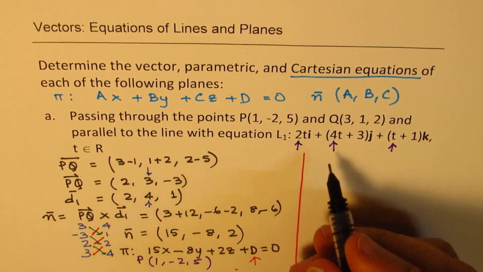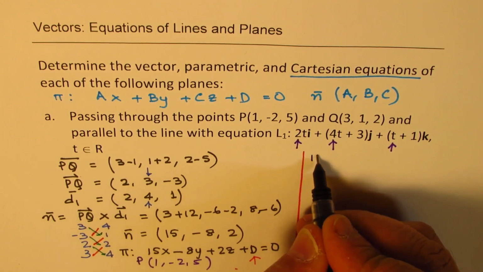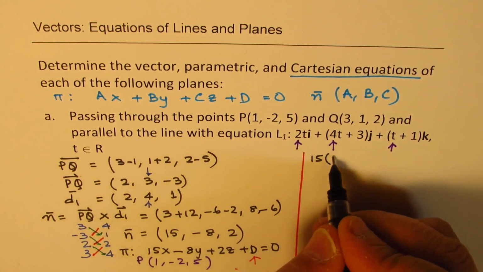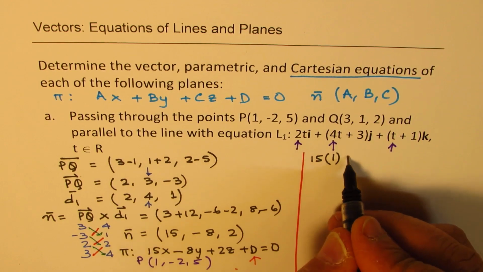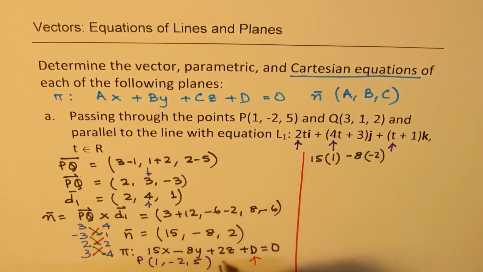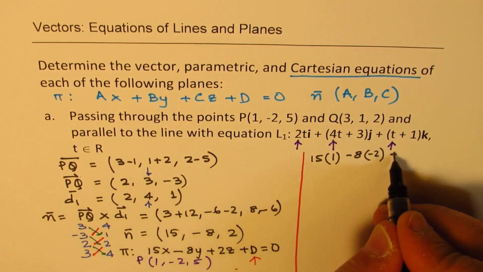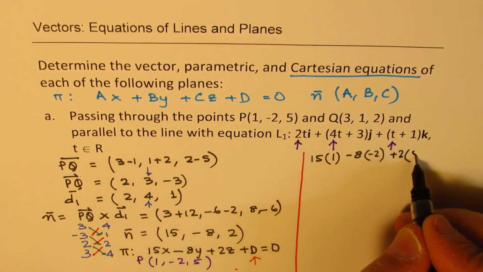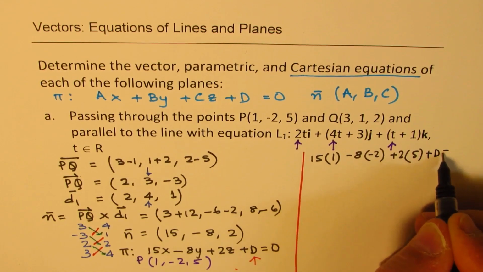So let's do it on the right side. We have 15 times 1, the x value of P, minus 8 times minus 2, and then plus 2 times the z value, which is 5, plus d equals 0.